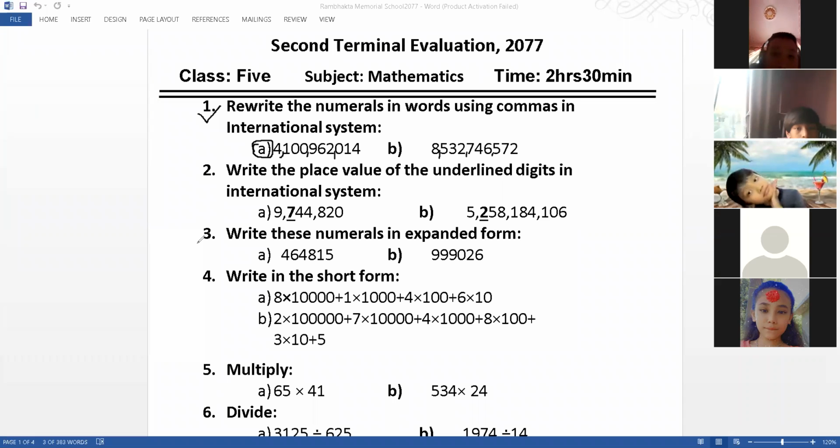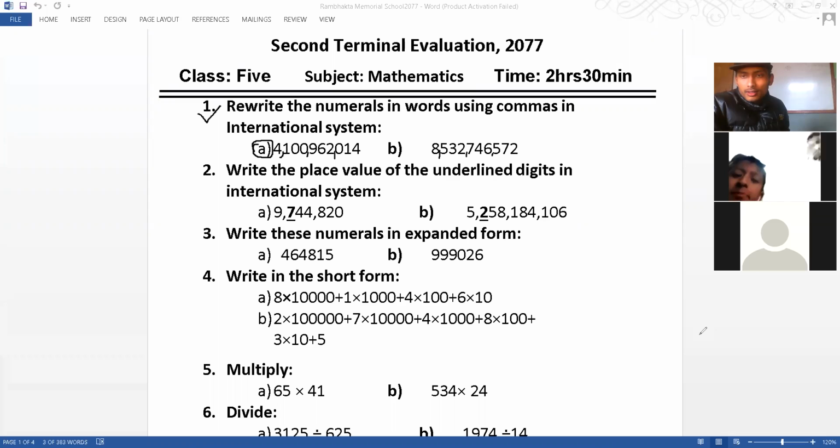Sneha is doing it. Niyam, are you saying you don't know how to do number 1? Then raise your hand, Niyam. No, not like that. Raise the hand in Zoom. Go to participants and raise hand.